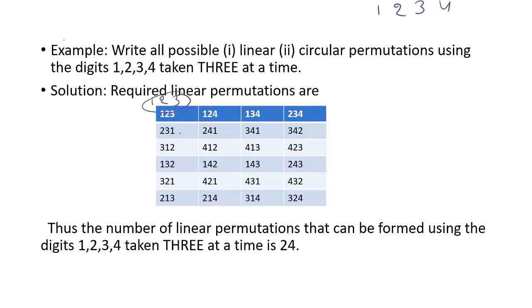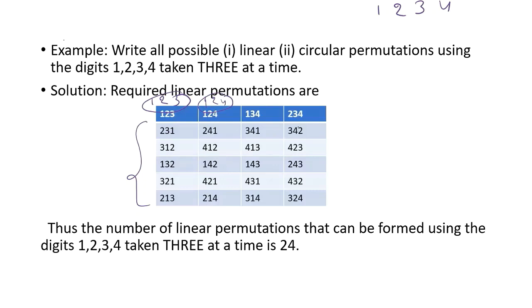If you take 1, 2 and 3, these are the 6 different linear permutations that you can write using the digits 1, 2 and 3. And similarly, if you take 1, 2 and 4, these are the 6 different linear permutations that you can write using the digits 1, 2 and 4.